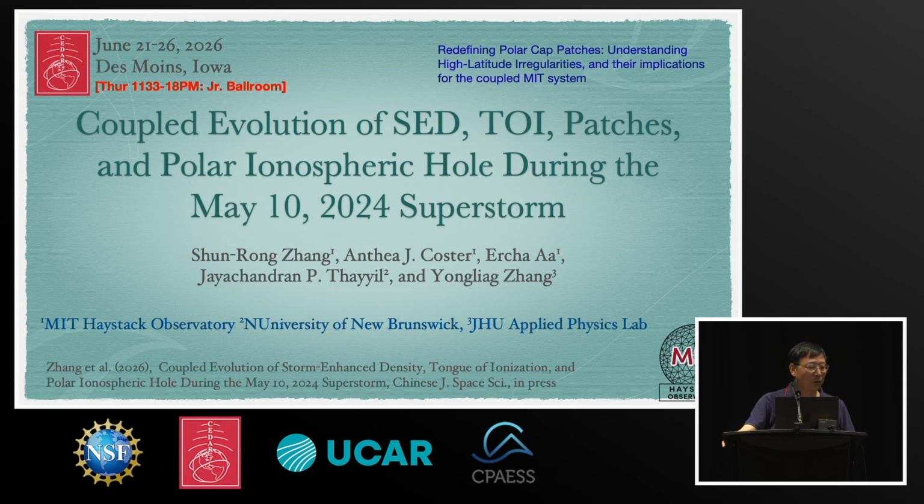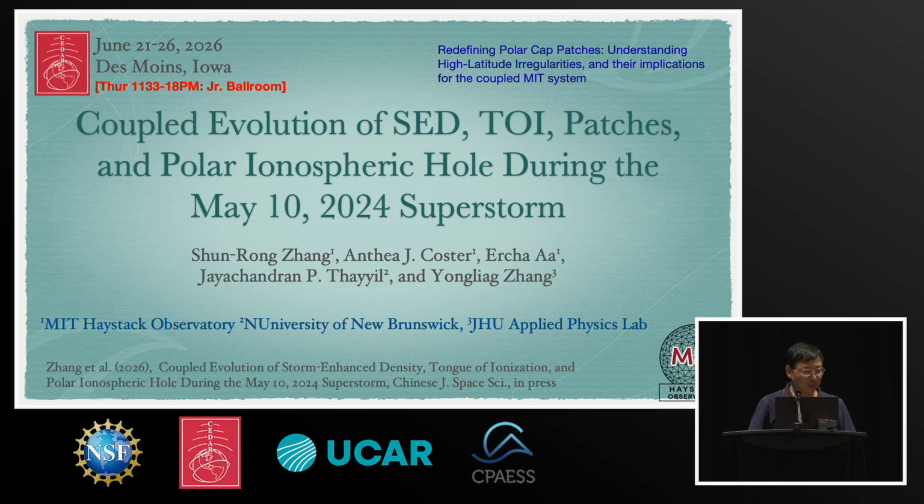Those are something on top of the regular patches, I would say. But today I'm going to talk about a different thing, which is much more about the neutral composition impact on the segmentation of the tongue of ionization, which causes the plasma patches. So that's a new mechanism, new physics.